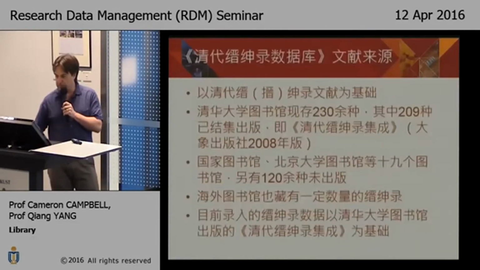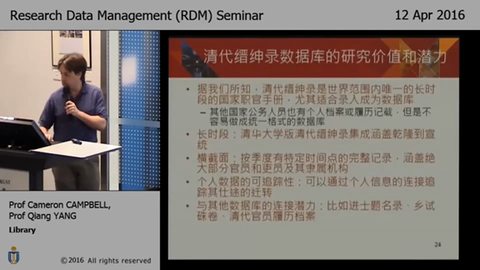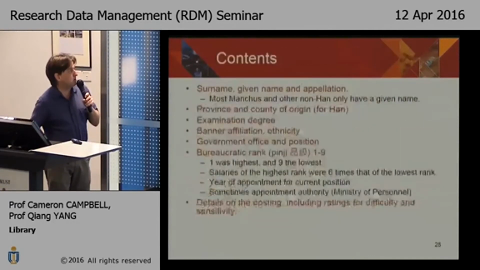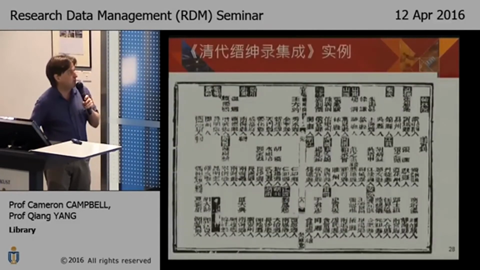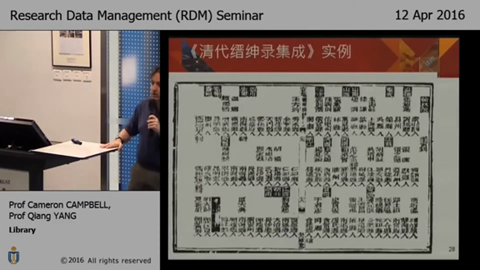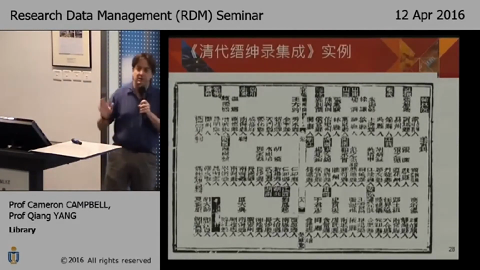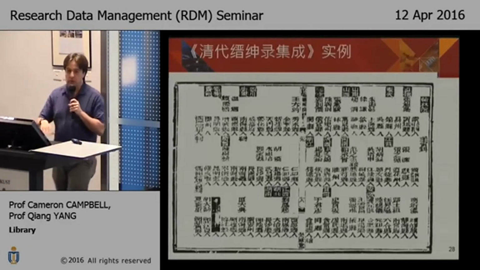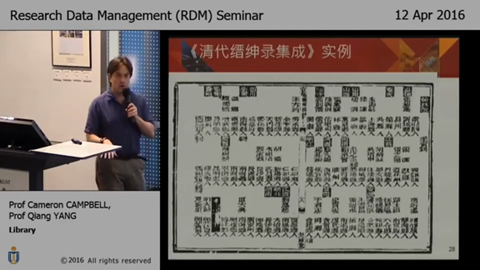I'm not going to talk too much, but it's called the Jinshen Lu, which is essentially, every 3 months during the Qing Dynasty, the state produced a personnel directory which listed about 15,000 officials, all the way from officials working in the Liu Bu, all the way down to low-level county officials.